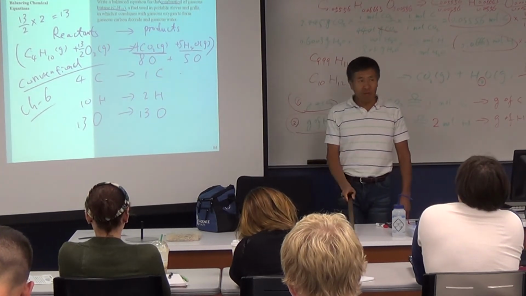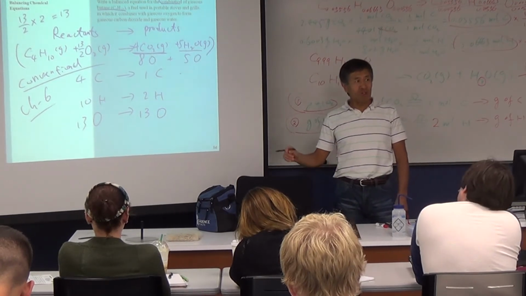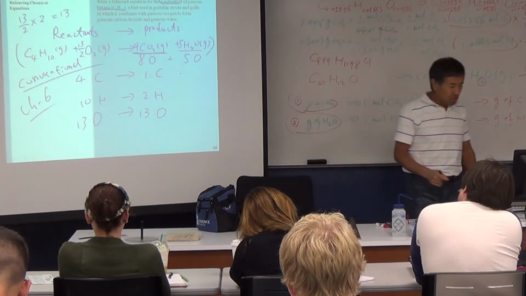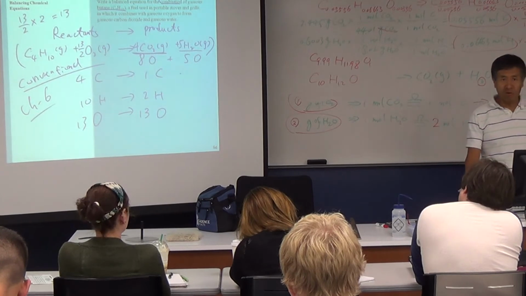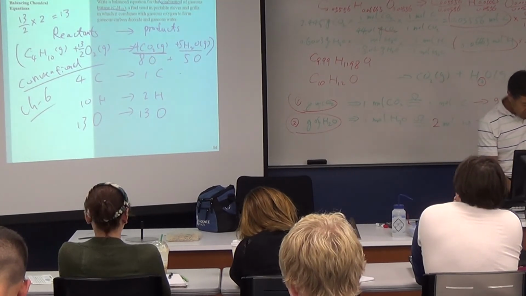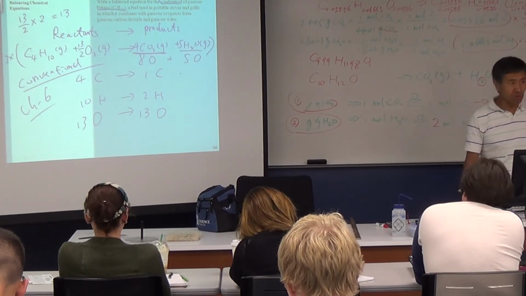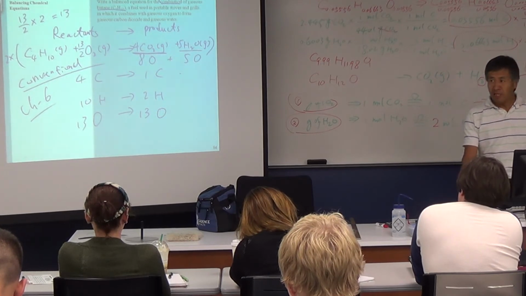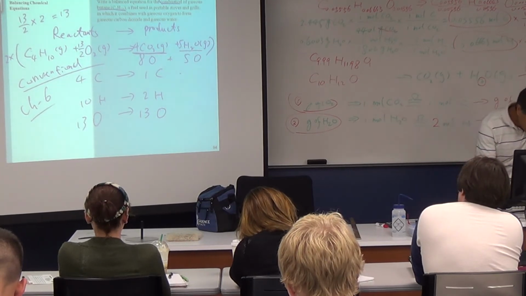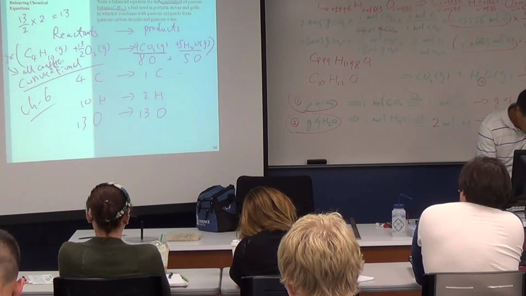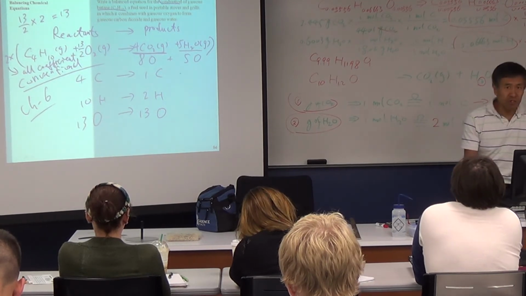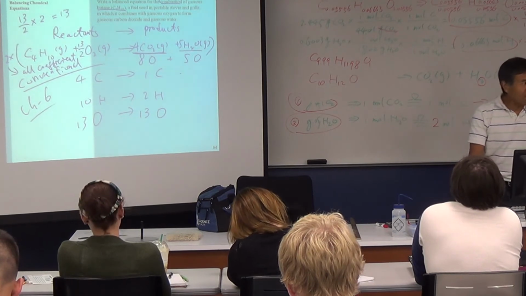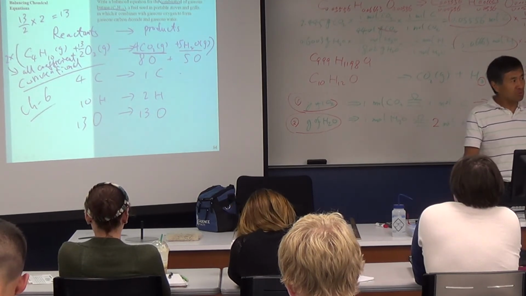So what you do is multiply everything by the common denominator. Here the denominator is 2. So that means you will multiply it into all the coefficients. You don't have to bother with the subscripts, because subscripts cannot change.